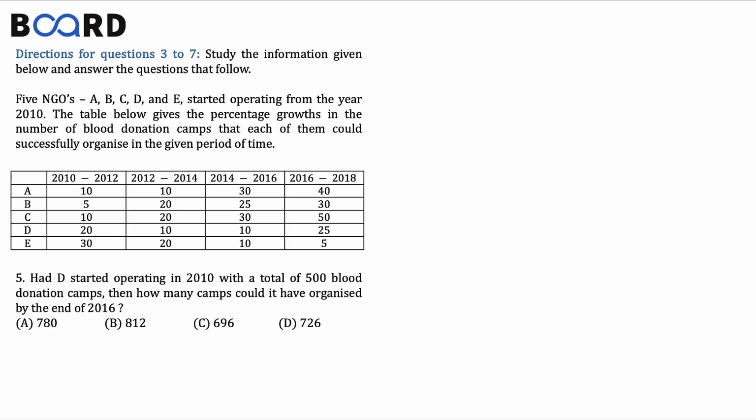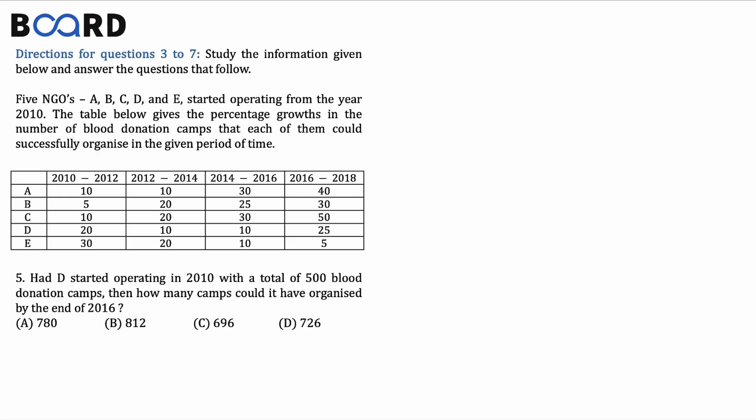Okay. What about the next one? Had D started operating in 2010 with a total of 500 blood donation camps. So this was the total value which was missing in the actual data. They have introduced it in this question. So in 2010, let's say D started operating having 500 blood donation camps.